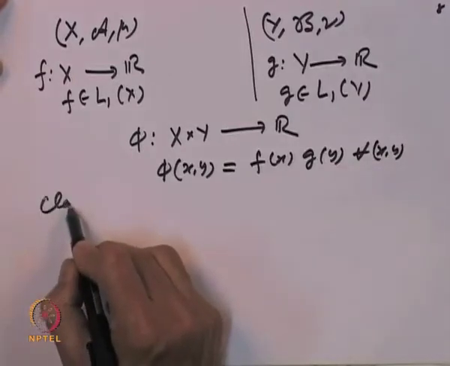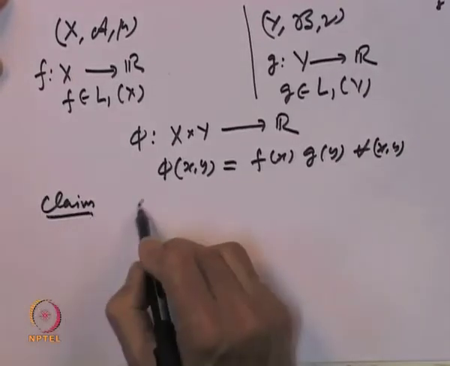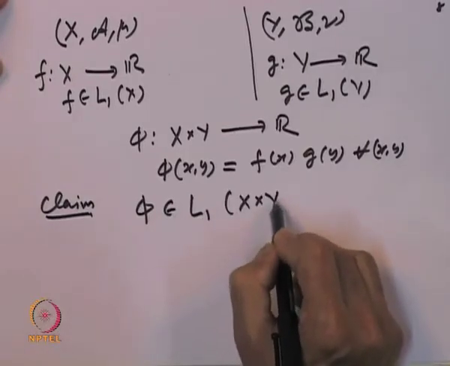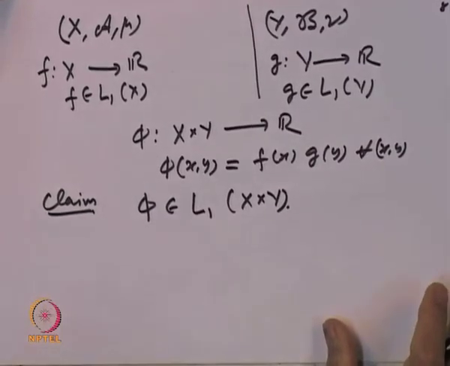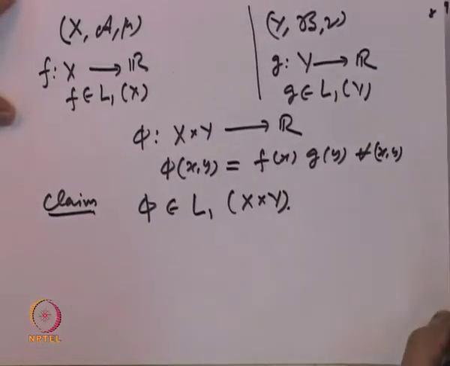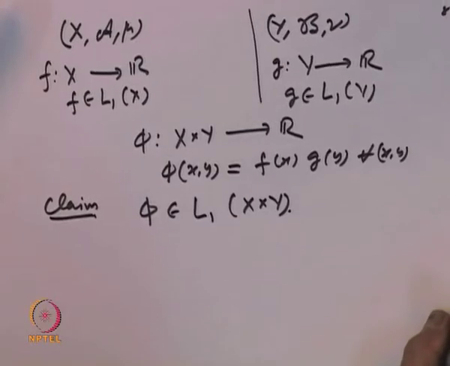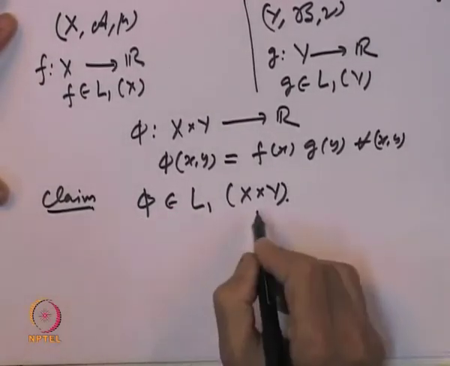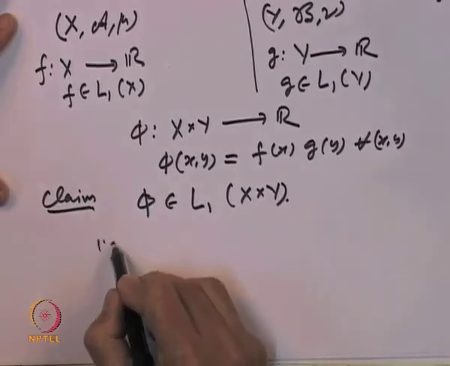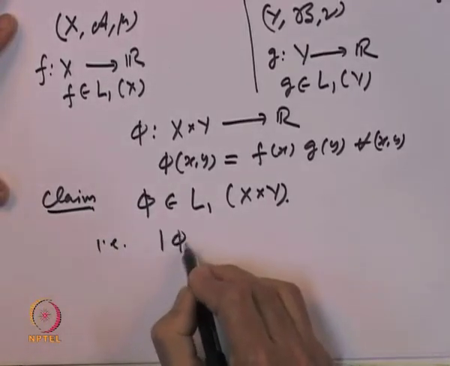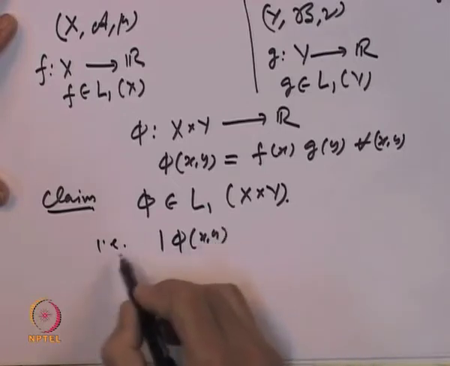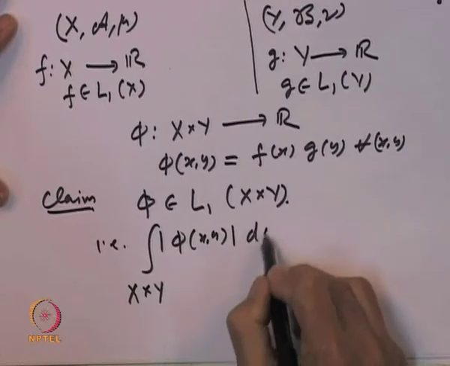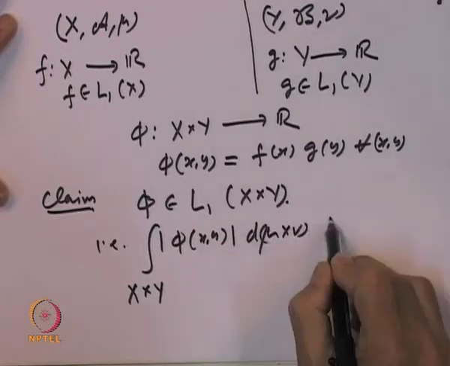So, the claim is that phi belongs to L 1 of X cross Y. That is what we want to show. Let us see how the proof of this theorem will go. Phi belongs to L 1, that is, we want to show that the integral of mod phi(x, y) over X cross Y, d mu cross nu, is finite.